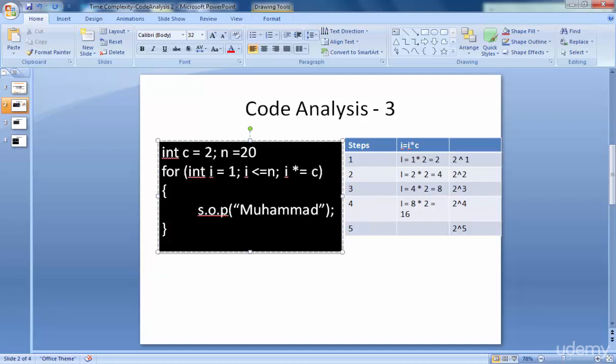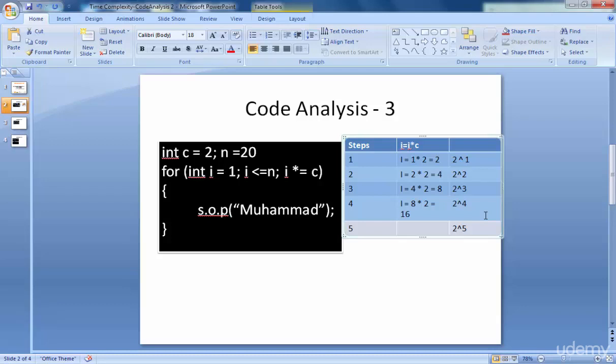So how many times will this loop work? Here we have 2, 4, 8, 16, and then 32, and 32 is greater than 20. So the number of times this loop will work is 4, right?